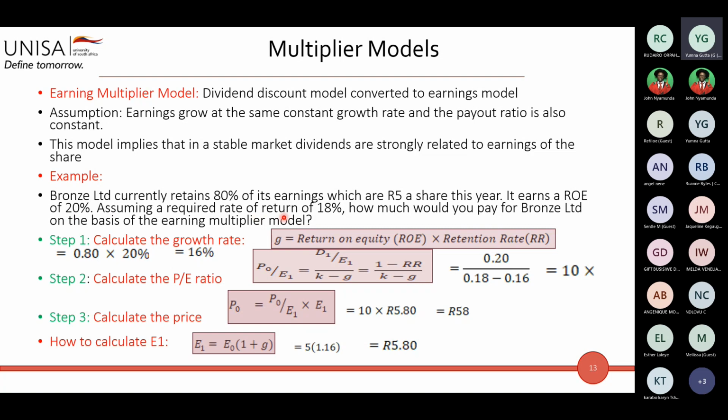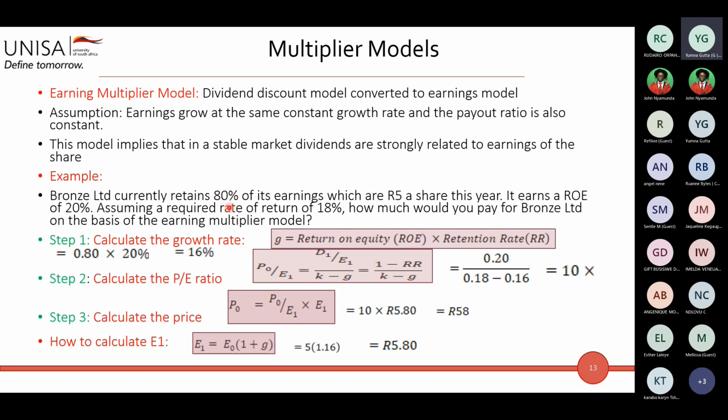So it earns a return on equity of 20%. Assuming the required rate of return is 18%, how much would you pay for Bronze Limited using the multiplier model? So now a new formula comes in here. To be able to calculate your growth rate, you must be given the return on equity multiplied by the retention rate. In the first part of the question, they said the company retains 80%.